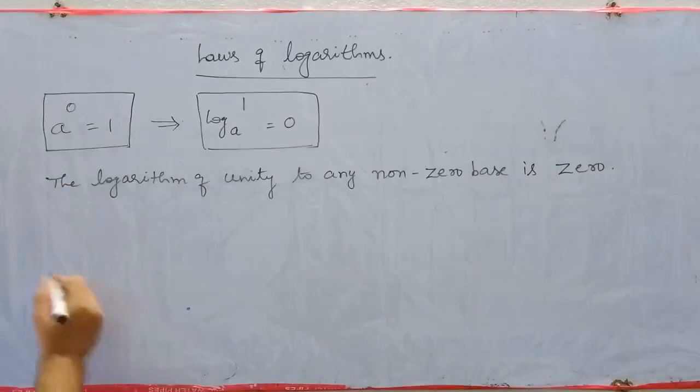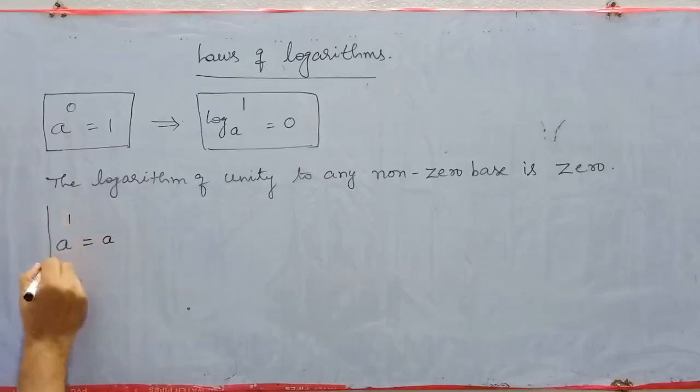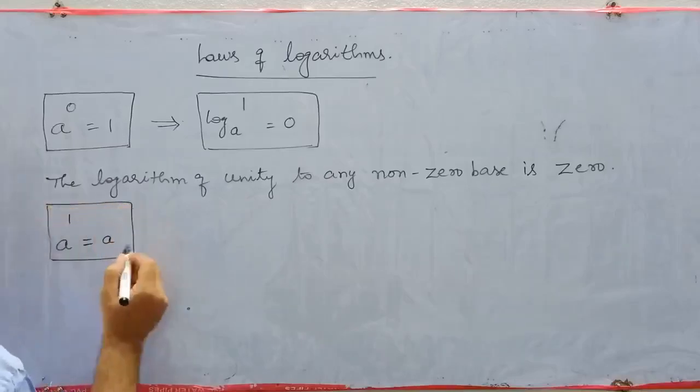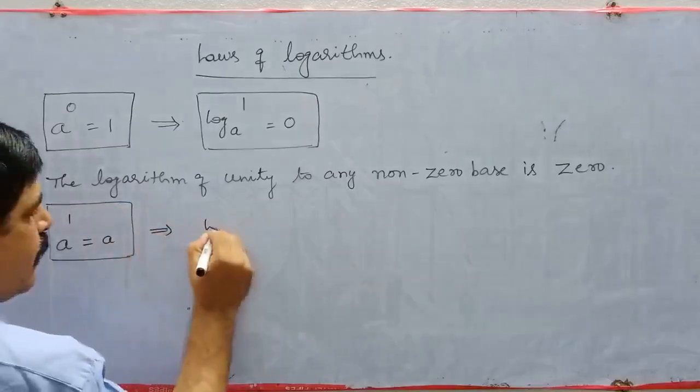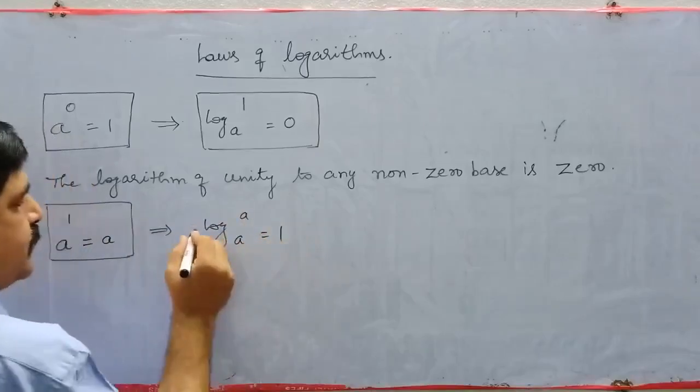Next one, in the same way, take another one: a to the power of 1 is equal to a. So this is also the exponential form. Its logarithmic form is log a base a is equal to 1.